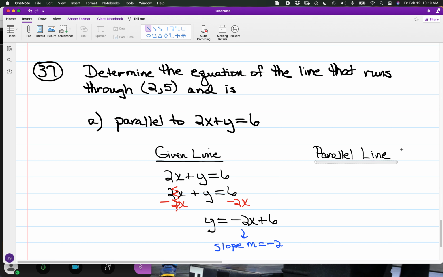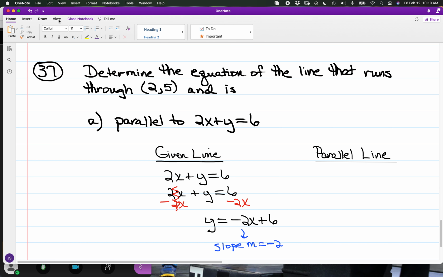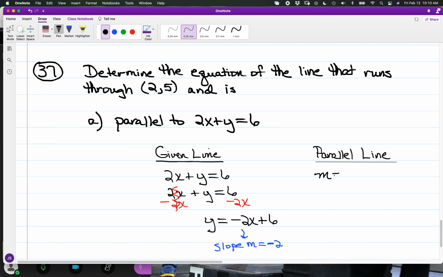Again for the parallel line, okay, so the slope is going to be the same. So we have the slope at -2. And again, we have the parallel line runs through (2, 5). And so we have for the point slope formula setup.